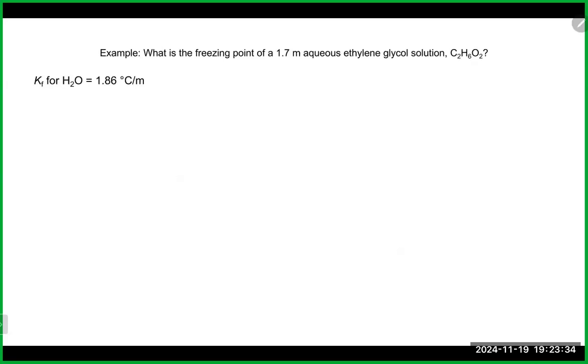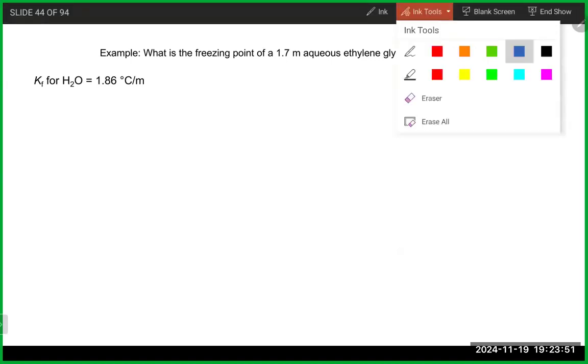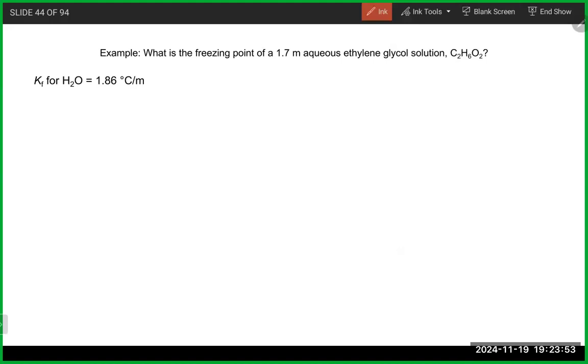All right, so let's take a look at how we would work one of these. What is the freezing point of a 1.7 molal solution of ethylene glycol? In this case, a couple of things we want to note: aqueous, which means water is most likely going to be your solvent.